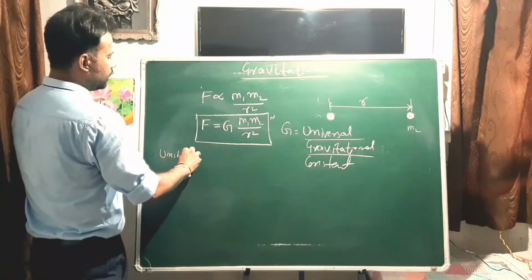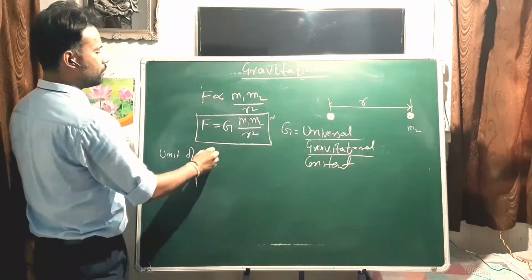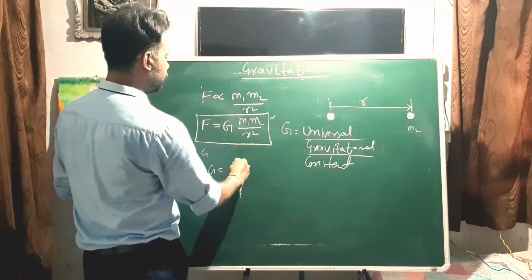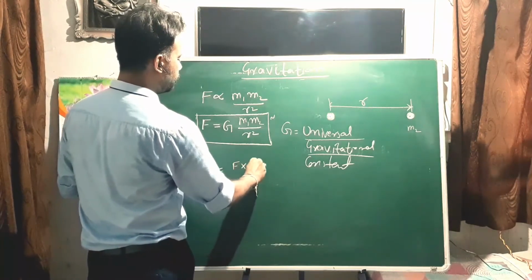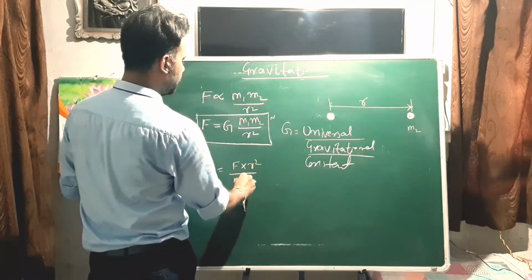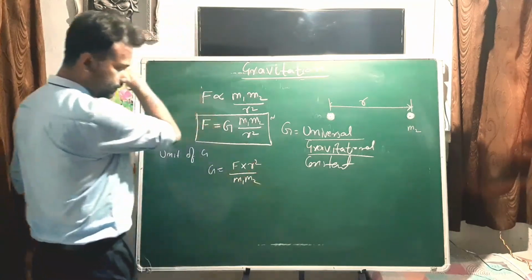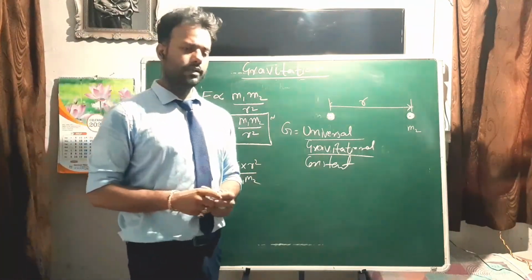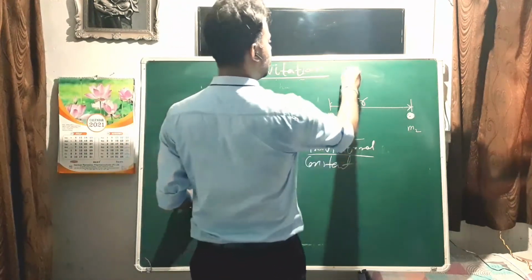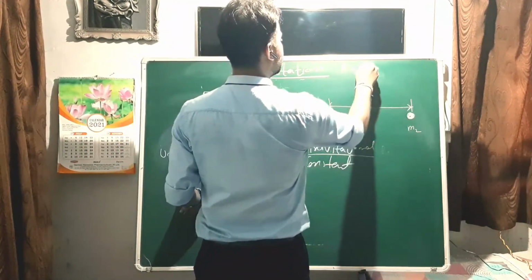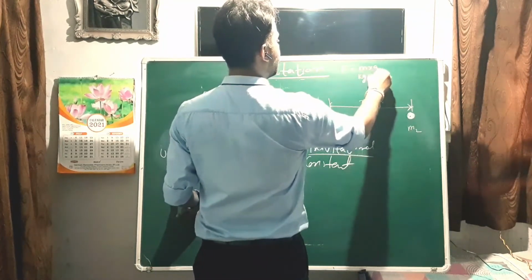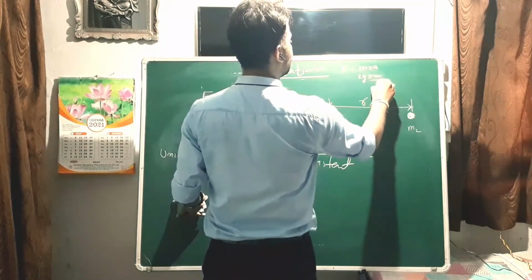So the unit of G. G equals to force into r square upon m1 m2, right? Now force can be written as mass into acceleration. Force is nothing but mass into acceleration. Mass means kg and acceleration means meter per second square.